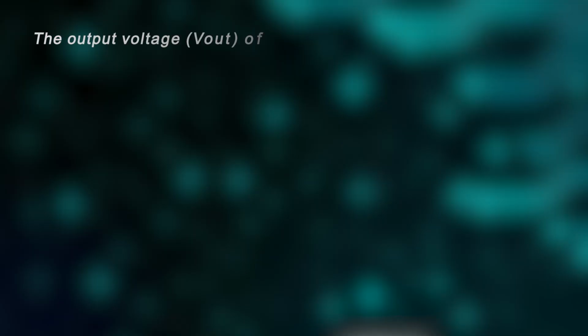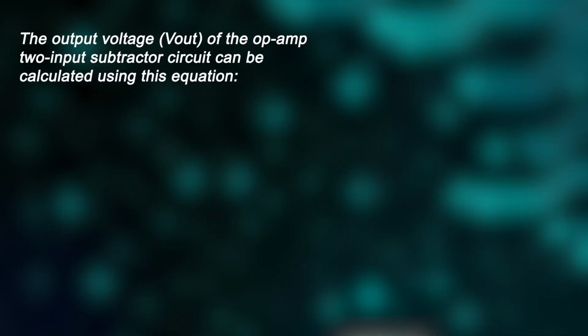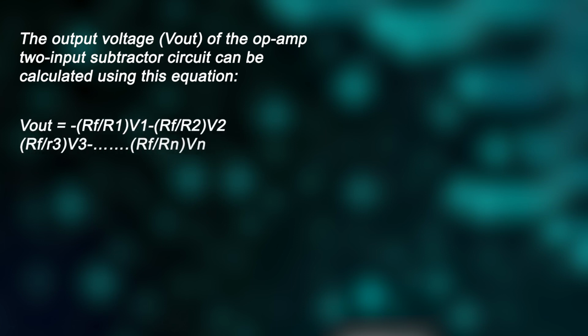Now, we discuss once again the output voltage equation. The output voltage of the op-amp 2 input adder circuit is calculated by using this equation, that is Vout = -(Rf/R1 V1 + Rf/R2 V2).